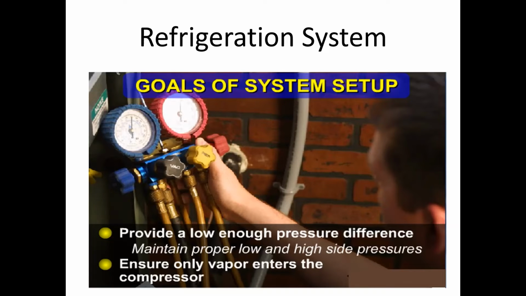A compressor is a vapor pump, not a liquid pump. If you have liquid refrigerant going back to your compressor, it is going to fail for a couple of reasons, right? Number one, it's just not designed to pump liquid. You can't really compress a liquid. You can very minimally, right? But if you're pumping liquid into your compressor, you're putting too much stress on your compressor.